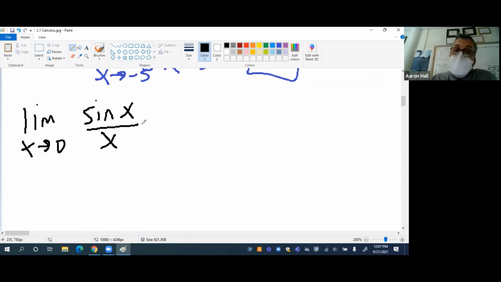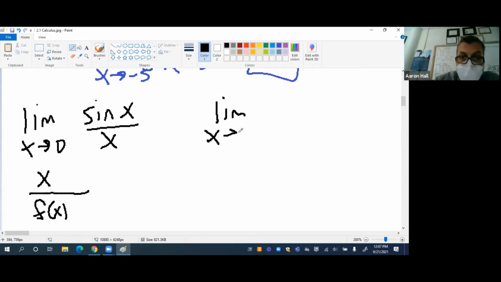Another strategy is if we're looking at when x approaches 0, well, let's look at it using our calculator. So let's come up with some values. Here's x, here's my f of x, assuming that this is the limit as x approaches something of our function, right? That's how we write a limit.